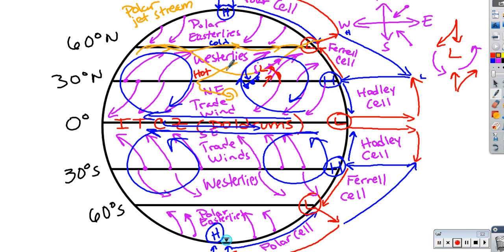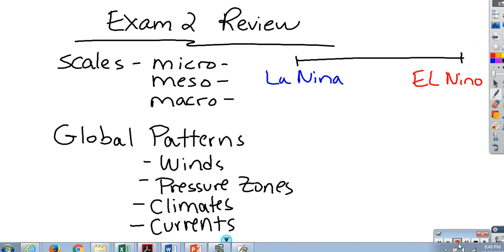which involves El Nino and La Nina. So this is something that occurs off the west coast of South America. It's the buildup of warm water. So you get increased upwelling on the west coast of the Americas.